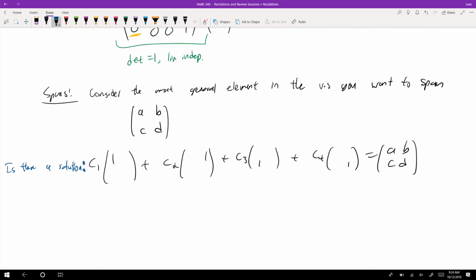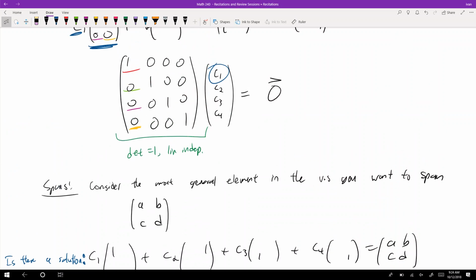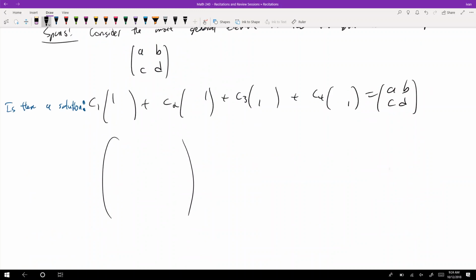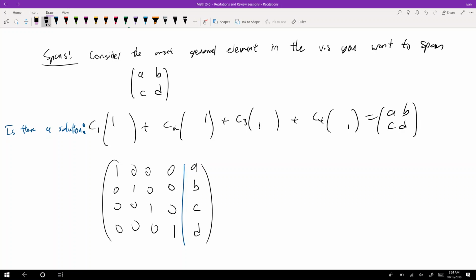So we can just take this 4 by 4 matrix of our unraveled matrices and make an augmented matrix. What do we put on the right-hand side? Yeah, A, B, C, D. And we just need to see if that's consistent or not.